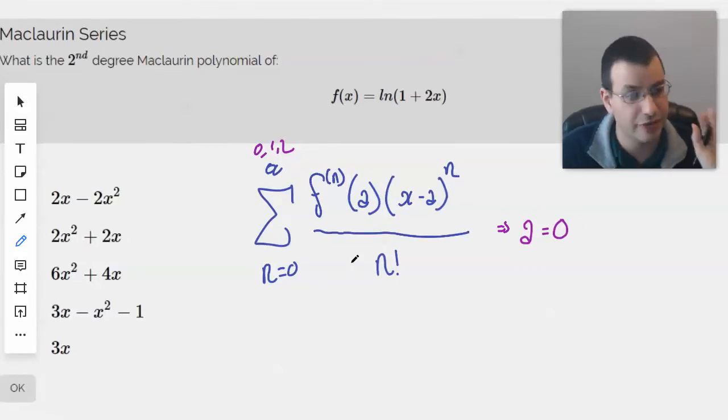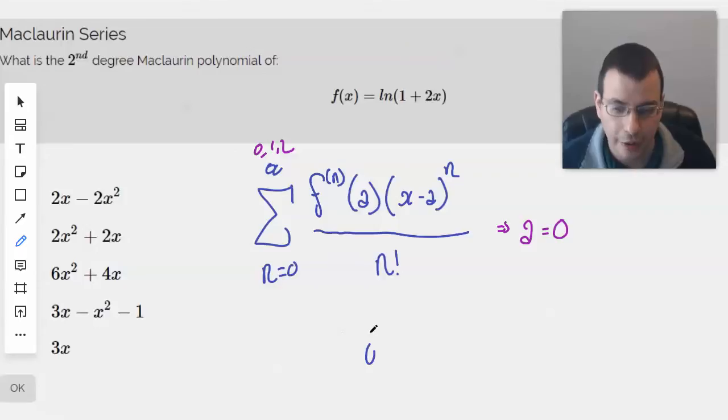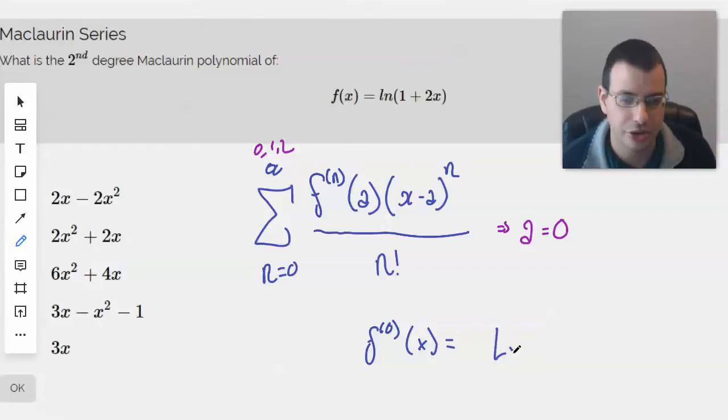Okay, so now we're just going to start finding values. So f to the 0, this is the derivative up here, the 0th derivative of x equals natural log of 1 plus 2x. Seems reasonable.